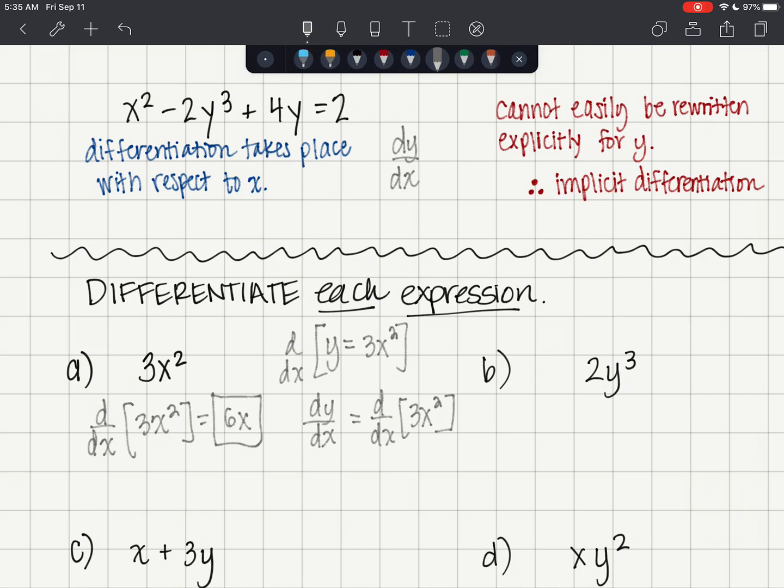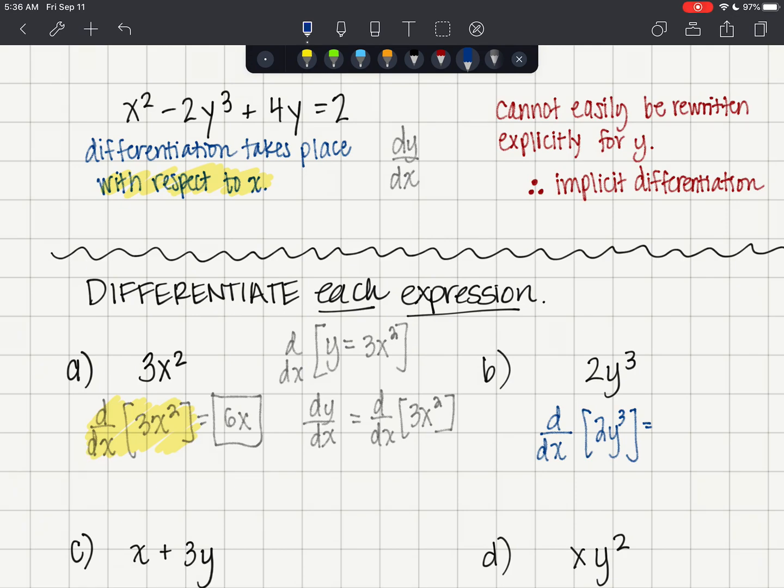So why do we need to know all this stuff on the left? Well, it all comes back to this with respect to x. So let me show you here. On the right here, we're going to take the derivative of 2y cubed with respect to x, right? The derivative with respect to x of 2y cubed. It's a form of the chain rule.